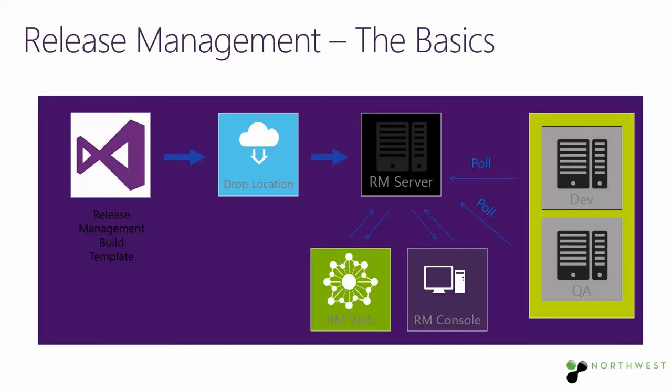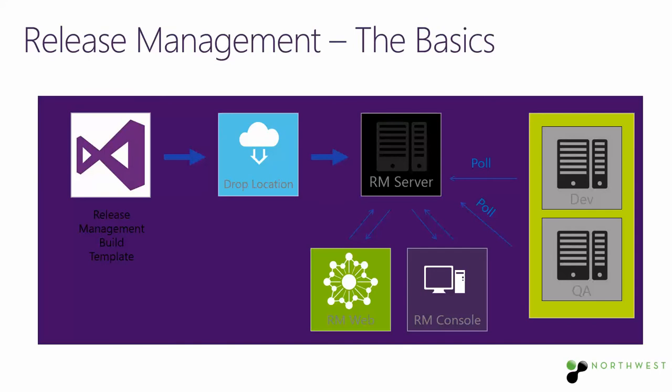So here's kind of an overview in a visual way of what release management would look like. What you'd have on the far left is the build template, which is actually the release management build template. It would be called release something or other in Visual Studio. And then when you kick off a build, it would put it to a drop location, and then it would move it over to the release management server as long as it's the release management build template.